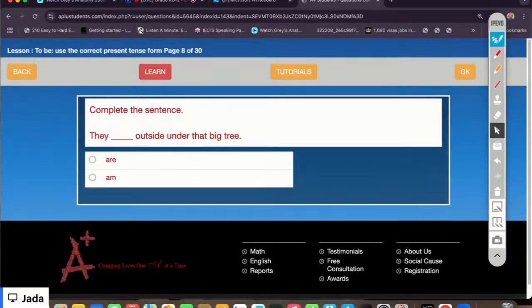The dash outside under that big tree. All right, they are outside under that big tree.